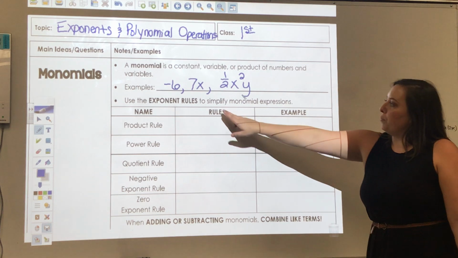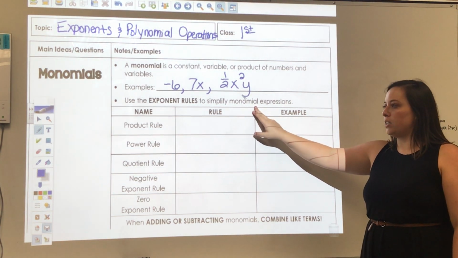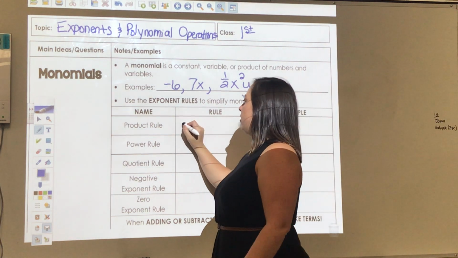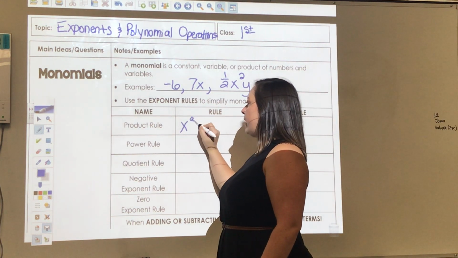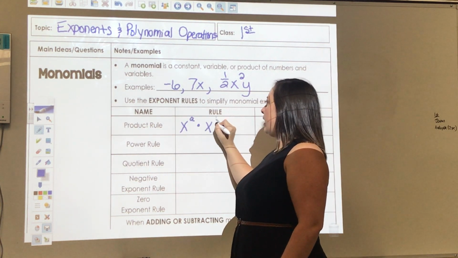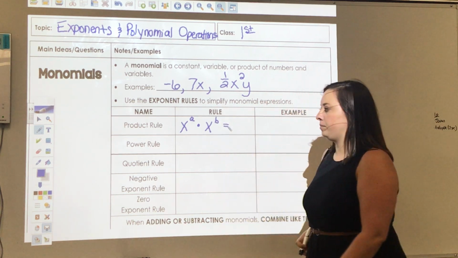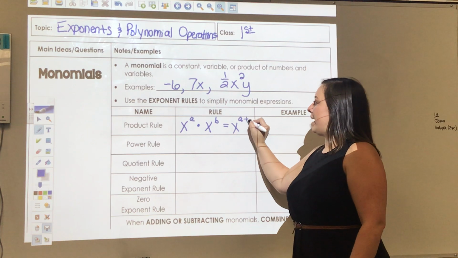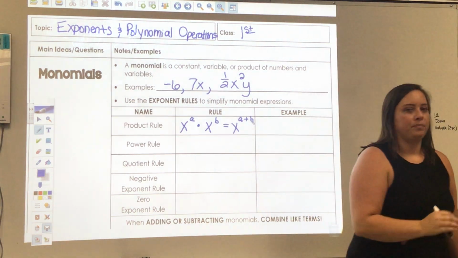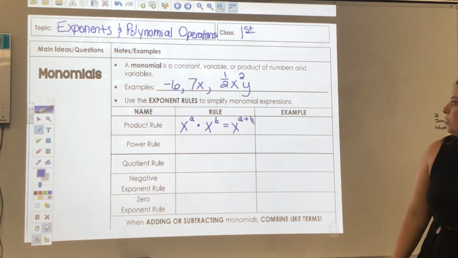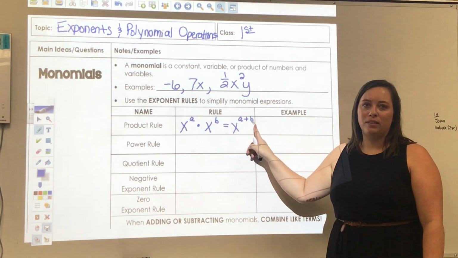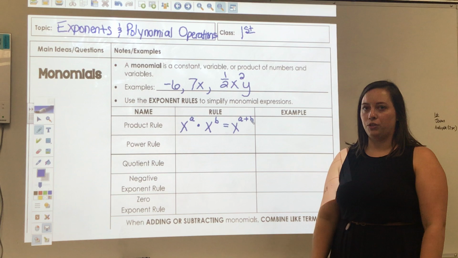We use exponent rules to simplify monomial expressions. So the product rule. The product rule tells us that if we have x to the power of a times x to the power of b, it equals x to the a plus b. I understand there's a lot of letters to explain the rule, but it's really not as confusing as you think.